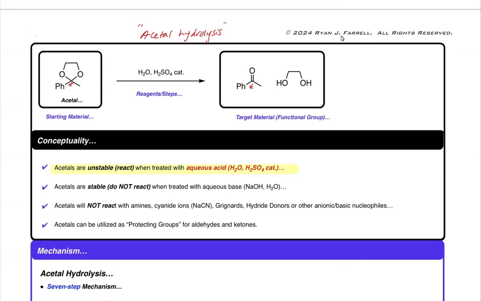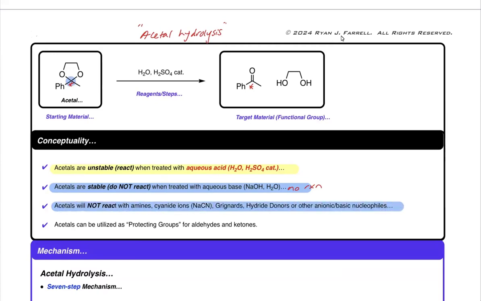But we would say that acetals are stable. They will not react with aqueous base. There is no reaction under aqueous base conditions. And the carbon of the acetal will not react with amines, cyanide ions, Grignards, or hydride donors. That is to say, a carbonyl is an electrophilic group, and if I had a Grignard reagent floating around, that would attack the carbonyl carbon and break the pi bond.